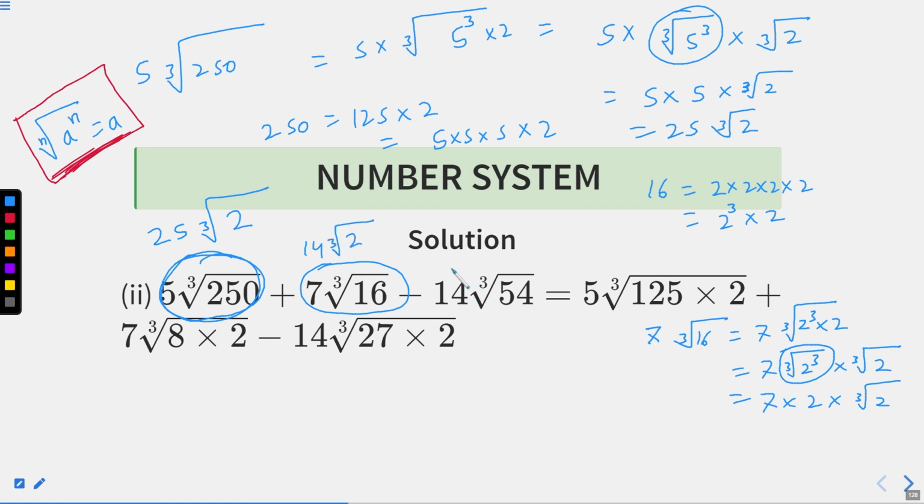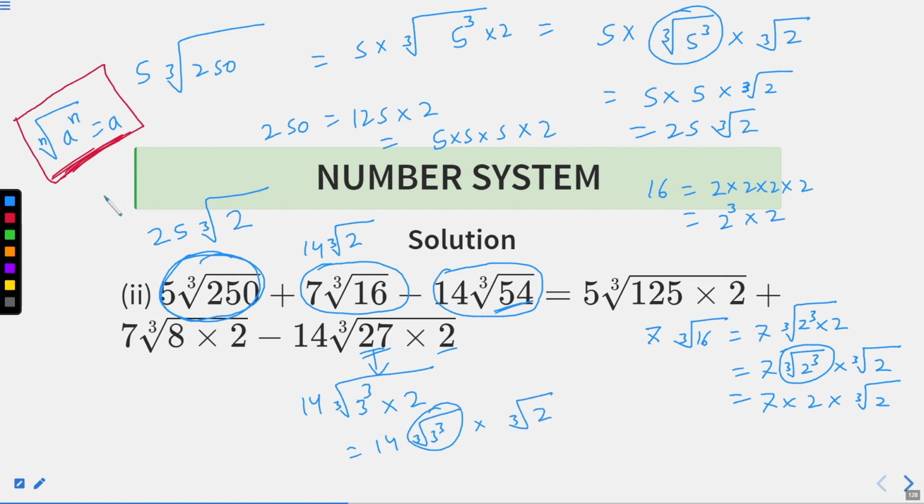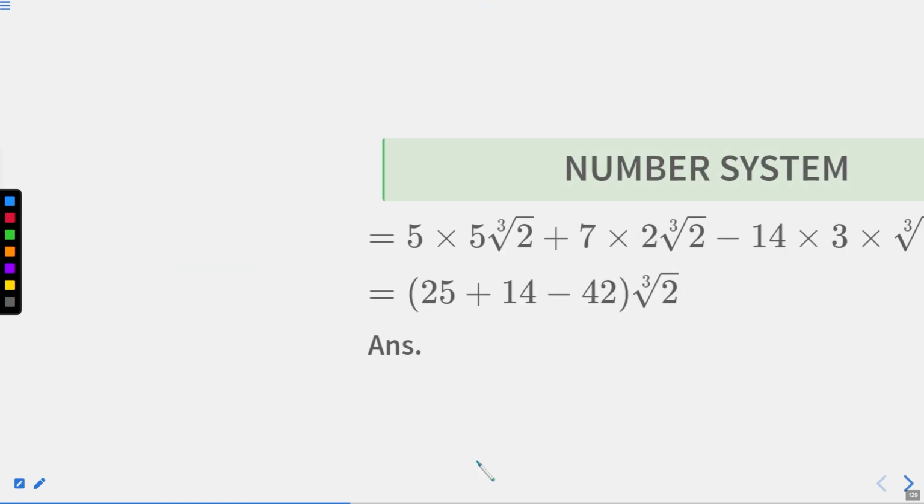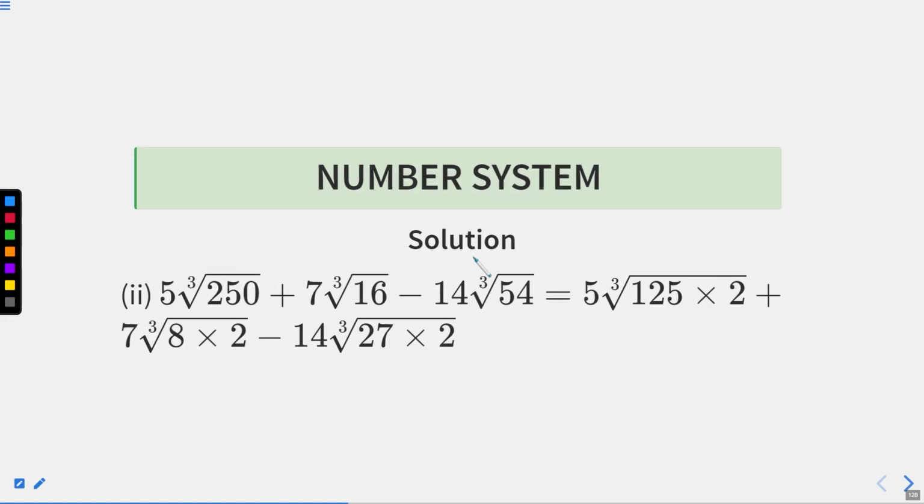In a similar way, we can change this. 54 is 27 times 2, and 27 is 3 cubed, and then this can be further changed into 14 times cube root of 3 cubed times cube root of 2, from this property.